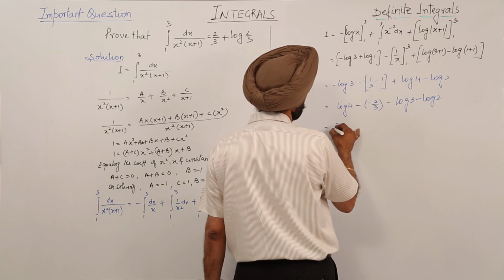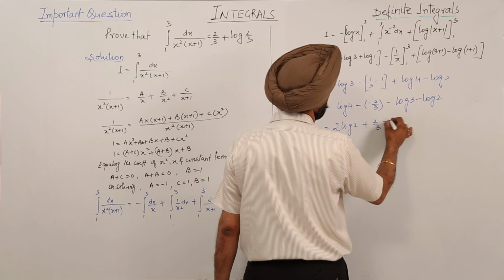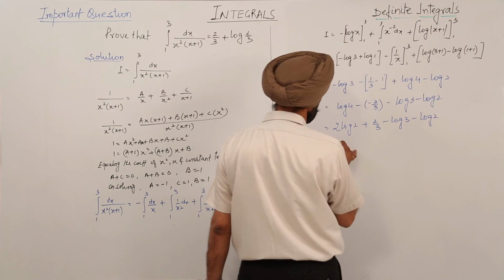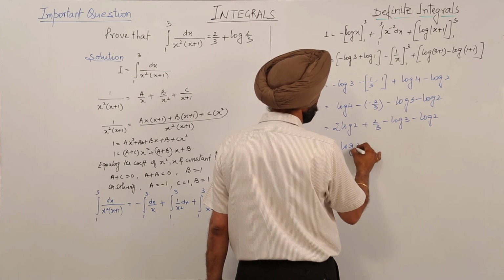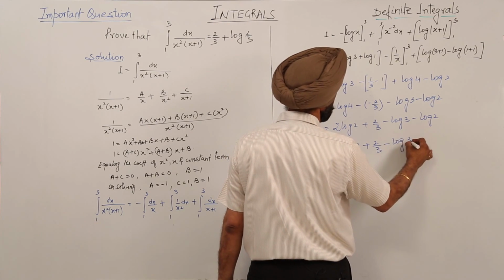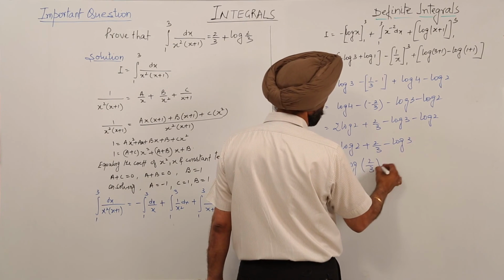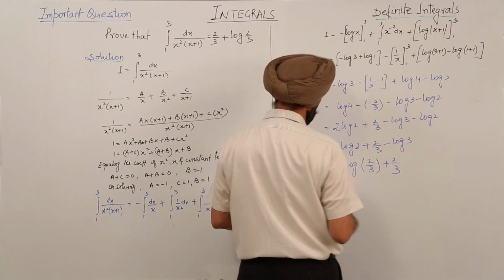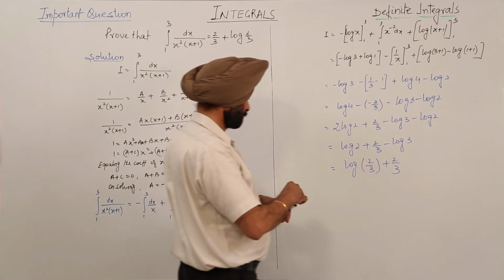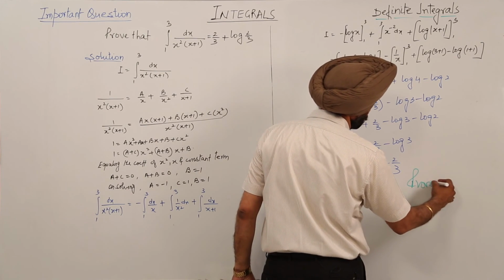Now this will be 2 log 2 plus 2 by 3 minus log 3 minus log 2. Then this is log 2 plus 2 upon 3 minus log 3. Now this becomes log 2 by 3 plus 2 by 3. Proved.